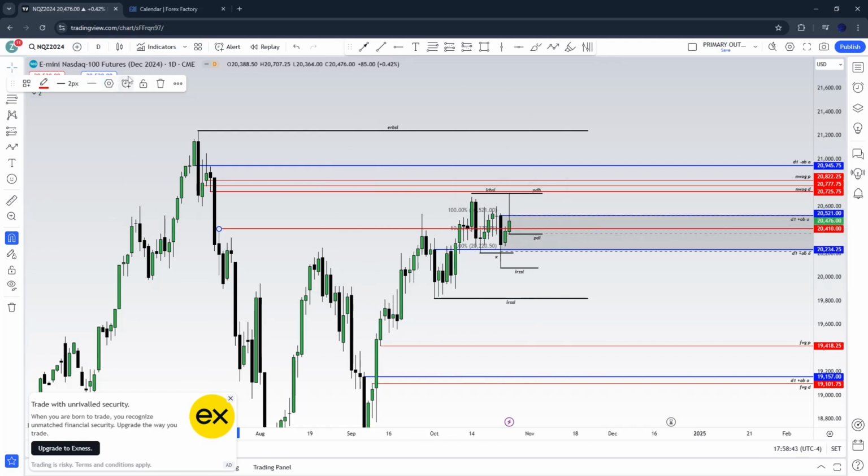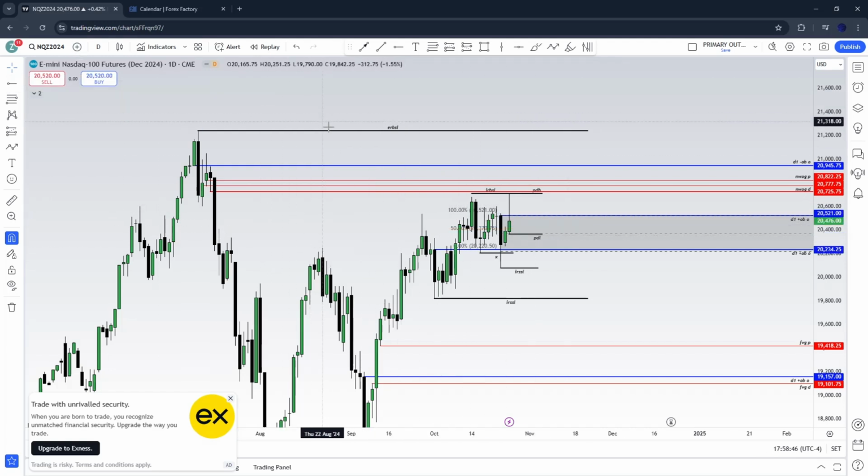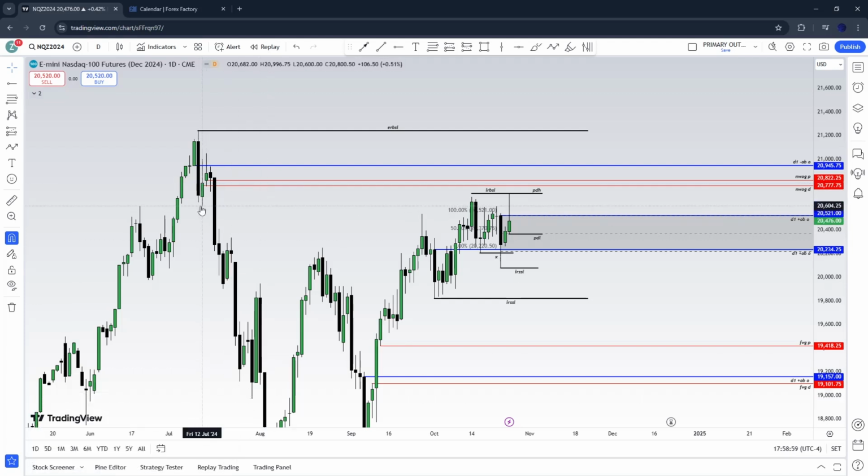We have got the external range buy side liquidity. We have got the daily bearish order block in here, as well as the new day, new week opening gap in here. Let's see, Friday, Monday, yeah, new week opening gap.